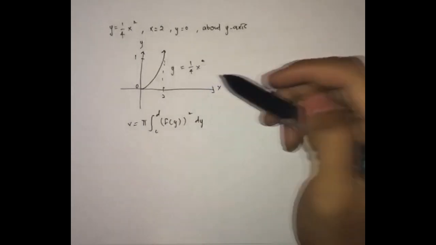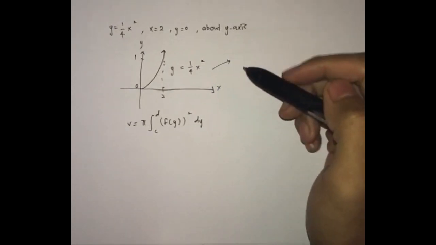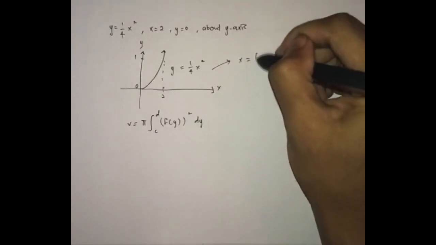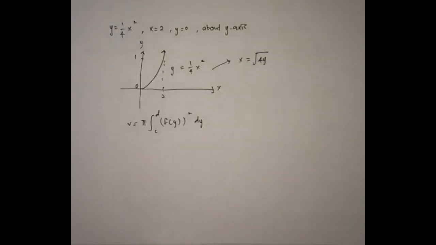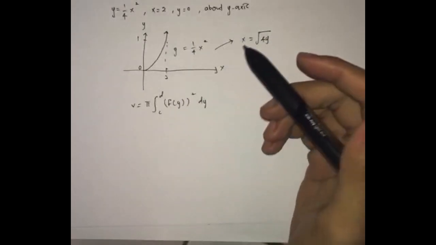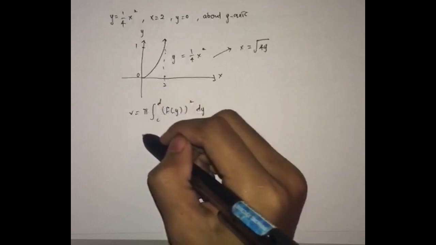So how about the equation? The equation, we must change it in terms of y. So x will be equal to square root of 4y. Then all we have to do is substitute all the information we have got into the equation.